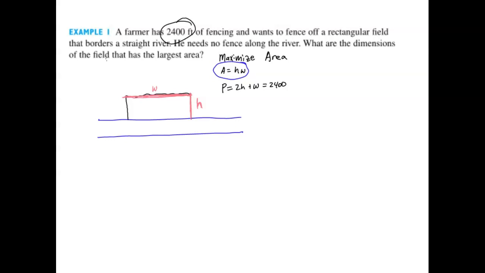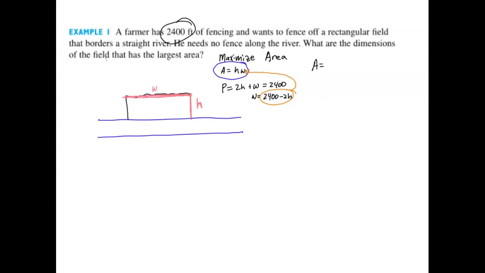So if we do w equals 2,400 minus 2h, and sorry, this is going to put it in terms of h. We're isolating w. Because now what we'll do is go back and substitute. Take that 2,400 minus 2h, I'll plug it in for w there.